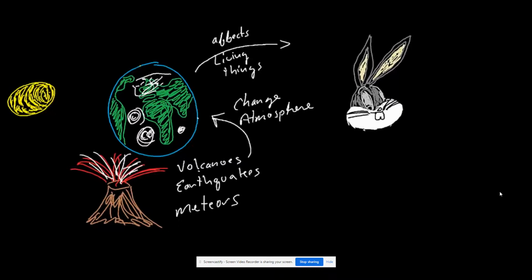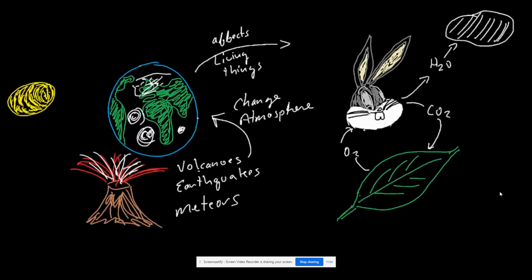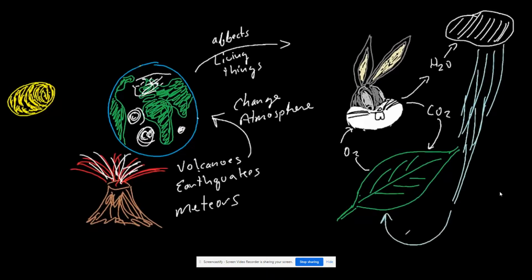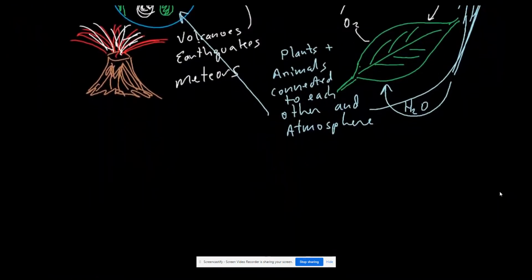But that's not all. The animal is also breathing out water that ends up in the atmosphere. And eventually, that water rains back down and is absorbed by the plant, which passes the water on to the animal that eats it. Not only are the plants and the animals connected to each other, they are interconnected within the atmosphere and with the atmosphere. As the Earth gets covered with plants and ice, these are reflective surfaces, and so they cool the planet. And life responds by evolving species that can survive in cooler climates, cooler temperatures.